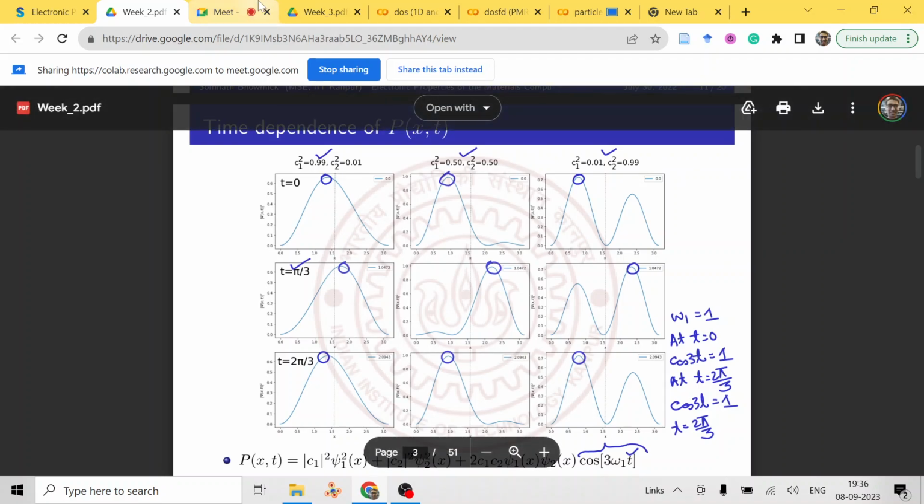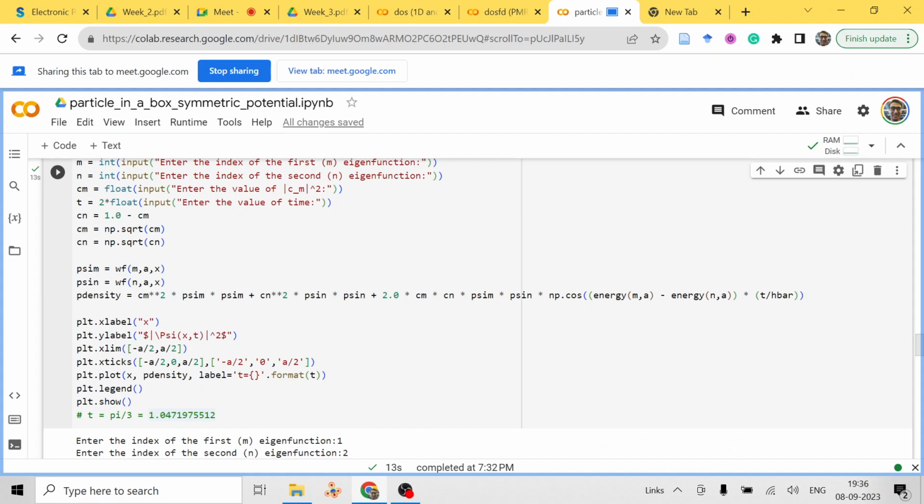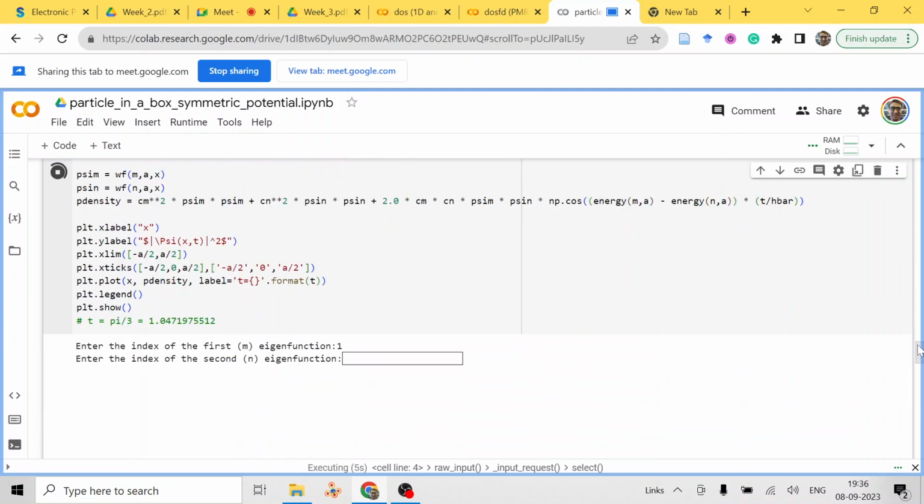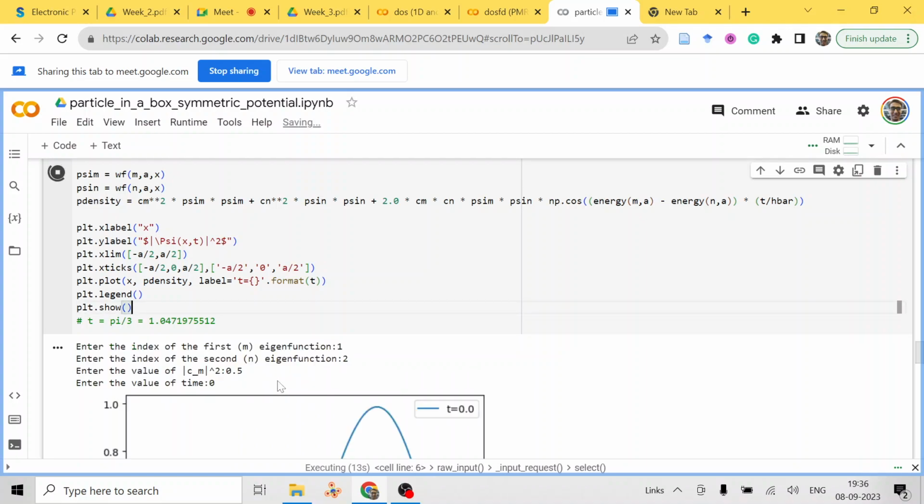Let me just go back to the code and run it again. We have eigenstate 1, we have eigenstate 2, let's say 0.51, and go to time 0.